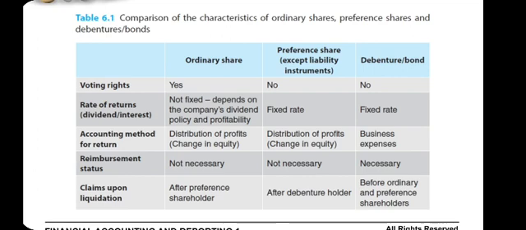But if anything happens to the company, it is not necessary to pay back the amount invested by the preference shareholder. Okay, let's see the differences between these three categories of instrument.